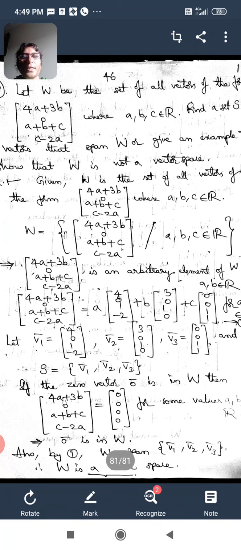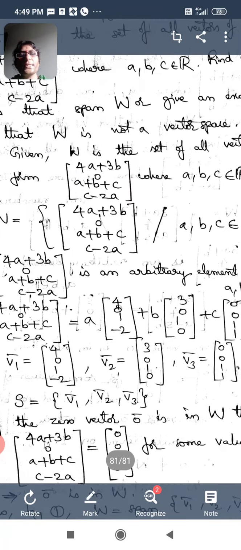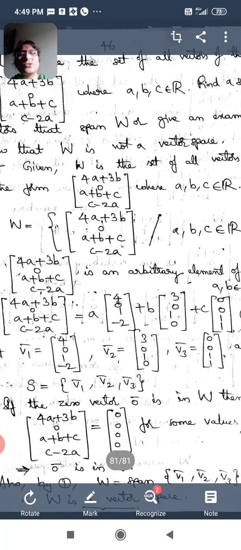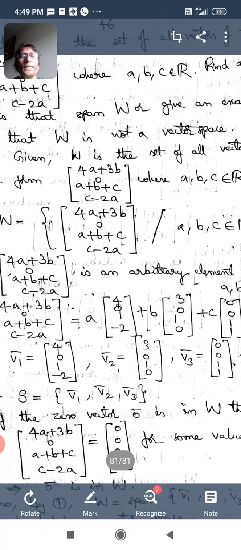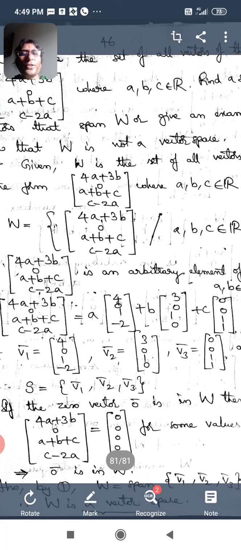So first of all, W is equal to span of V1, V2, V3 by equation 1, and the 0 vector is also in W, so the conclusion we can draw is that W is a vector space. Every arbitrary element means every element, we can generalize it. So every element of W is a linear combination of the vectors (4, 0, 1, −2), (3, 0, 1, 0), (0, 0, 1, 1), which are taken as V1, V2, V3 by us.